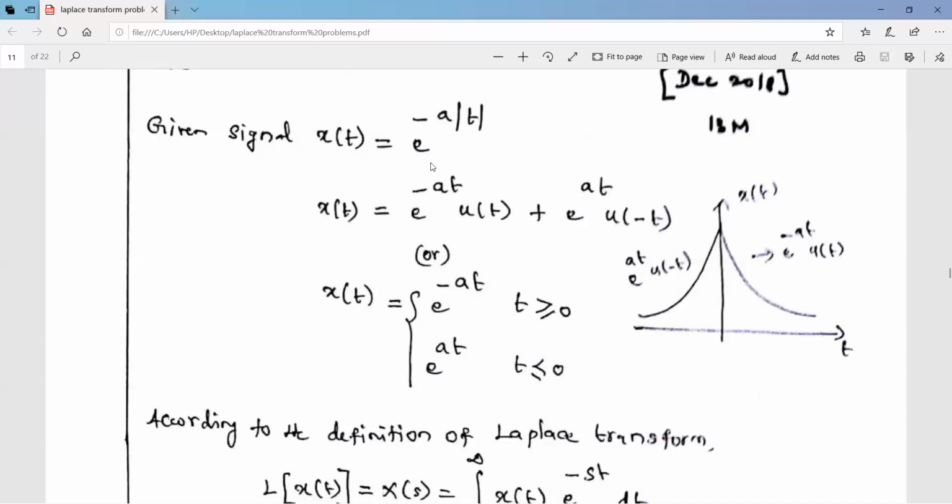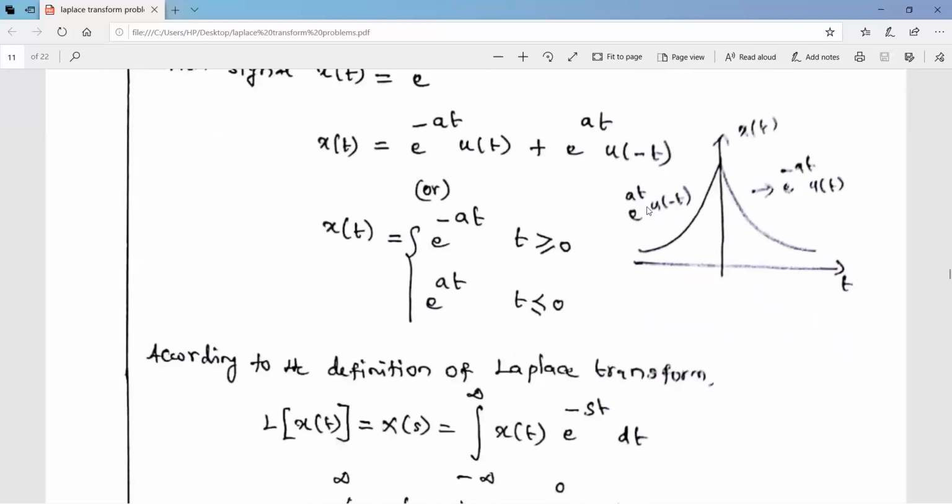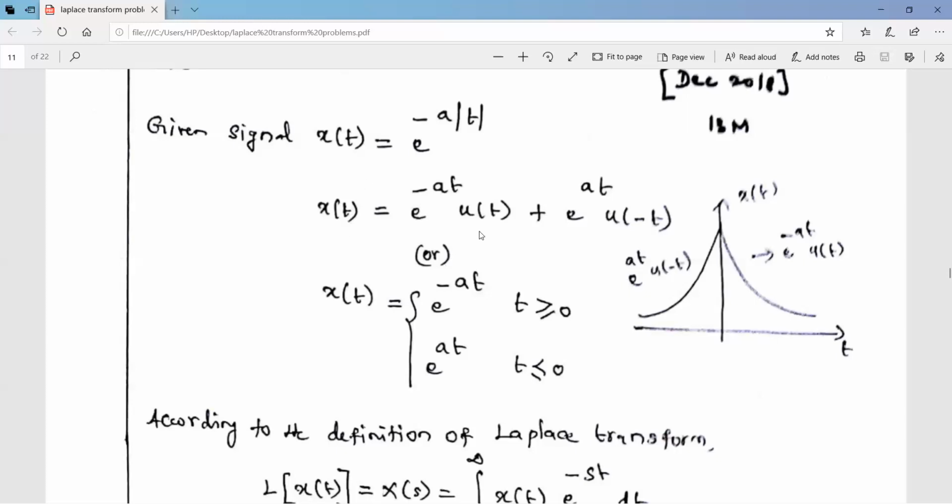These are the three types of representation of this signal. The graphical representation of this double-sided exponential signal is an addition of two signals. The first signal is exponentially decaying during t greater than or equal to 0, that is t from 0 to infinity: e power minus at u of t.